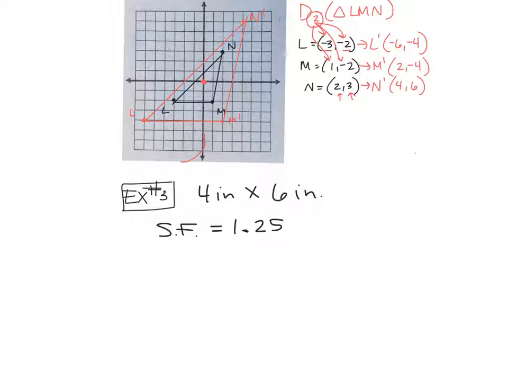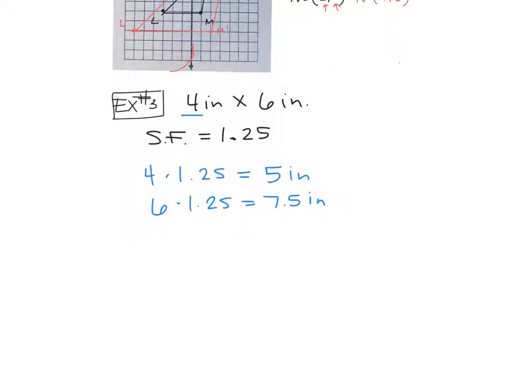Okay, so this, again, very simple. You're just multiplying by a scale factor, which is exactly what you just did on the dilation. So 4 times 1.25 comes out to 5 inches. And then 6 times 1.25 comes out to 7.5 inches. So the question is, what is the size of the new picture?